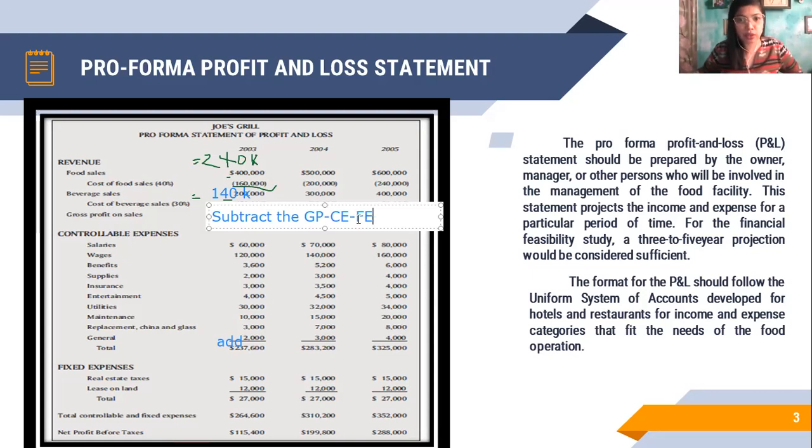So that is how you get the net profit before taxes.